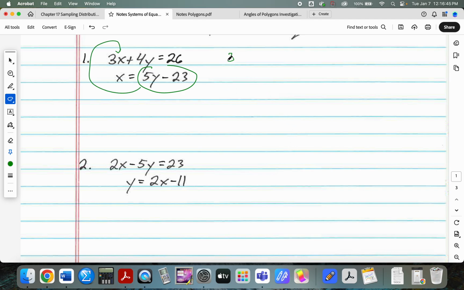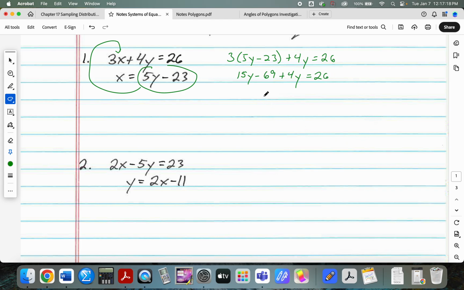So here we'll have 3 times 5y minus 23 plus 4y is equal to 26. Now we have an equation in a single variable that should be relatively easy to solve. So that's going to be 15y minus 69 plus 4y is equal to 26.